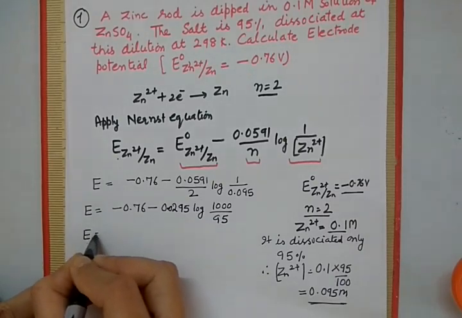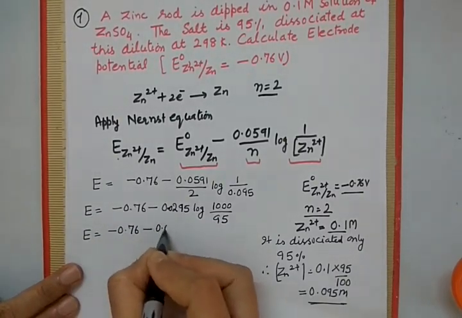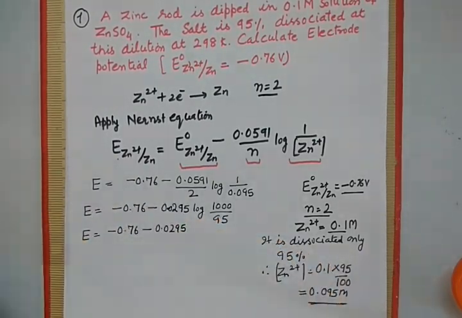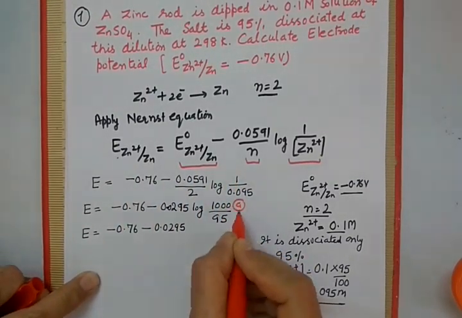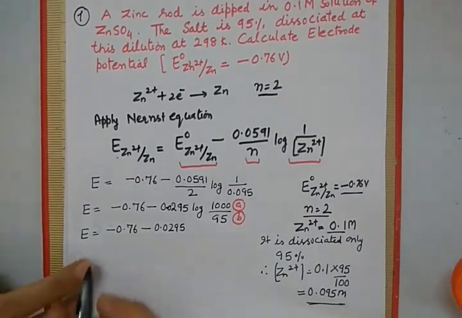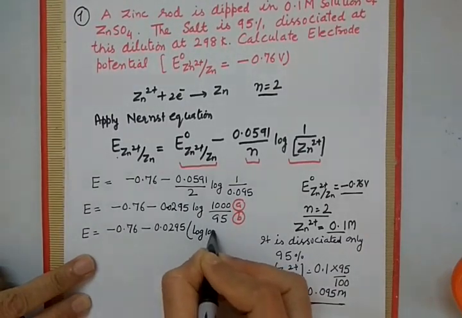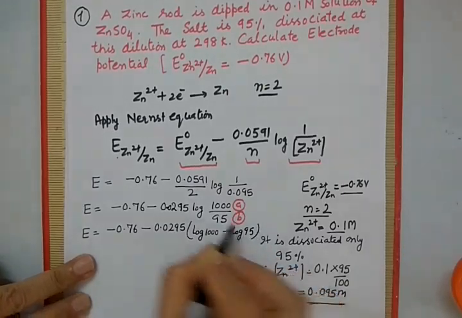So E is equal to minus 0.76 minus 0.0295. This is A, this is B. So log A over B is equal to log A minus log B. I can write it as log 1000 minus log 95.